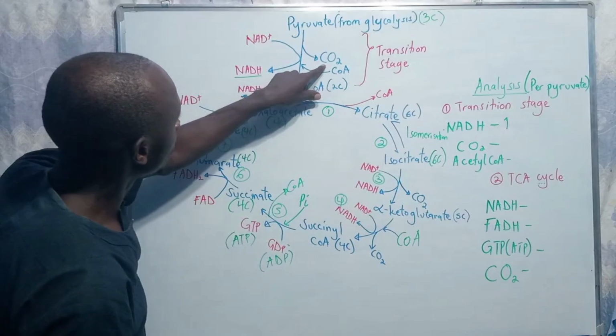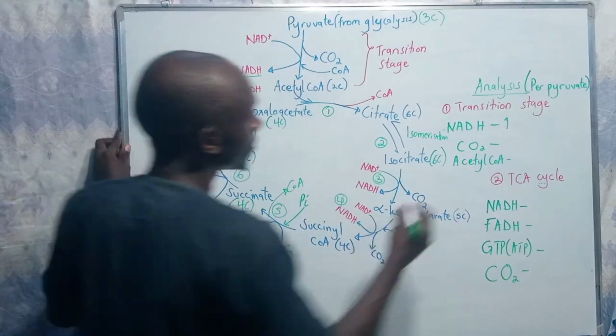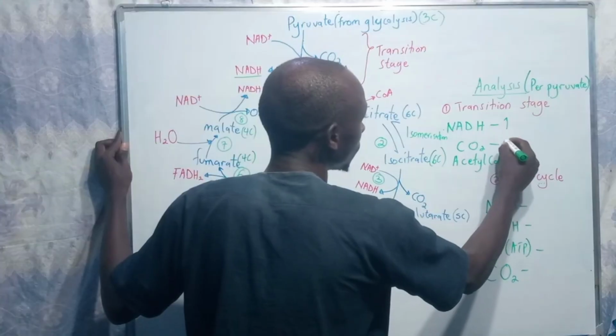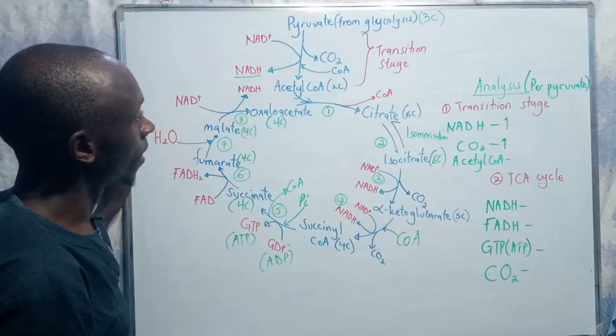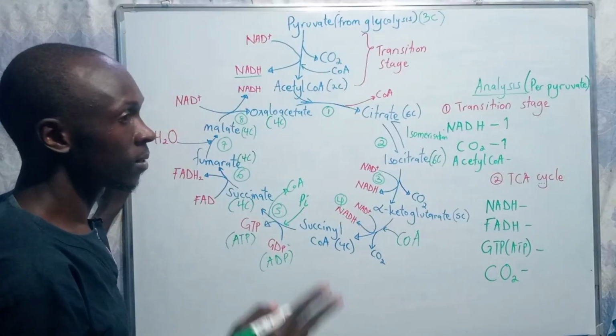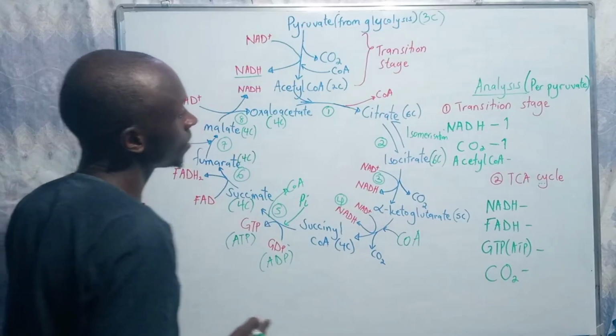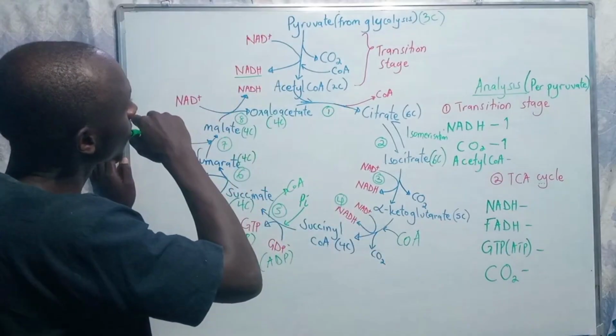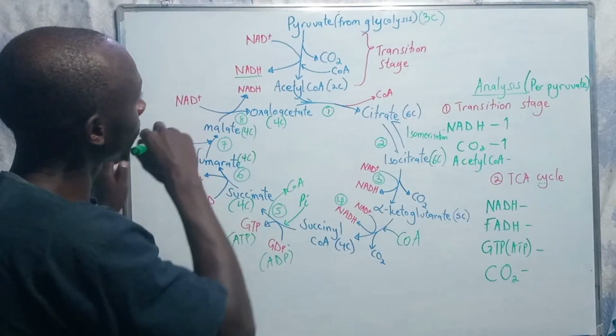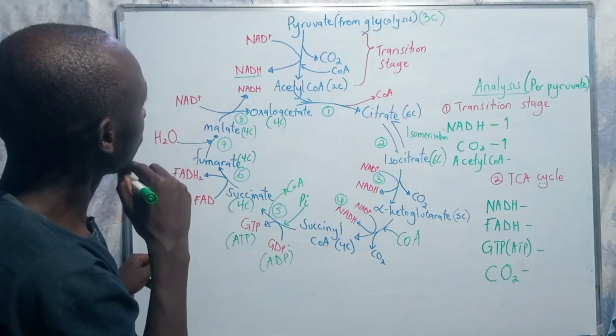So you can look at carbon dioxide. It is only one still. You can just count it as only one carbon dioxide molecule being formed. So in the two pyruvate molecules, we shall form two. Acetyl coenzyme A, shall we form any acetyl coenzyme A?